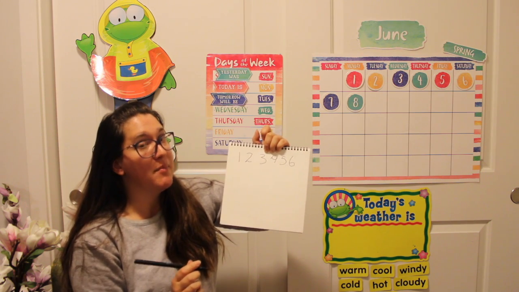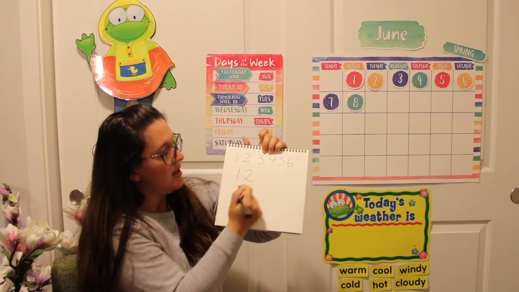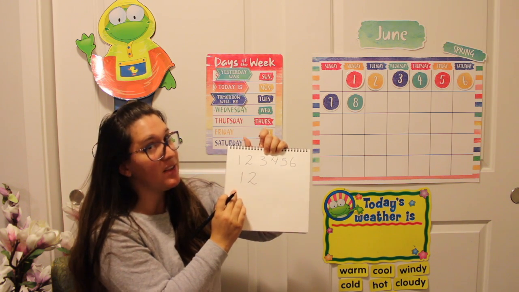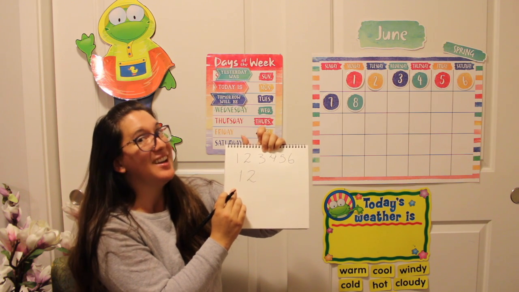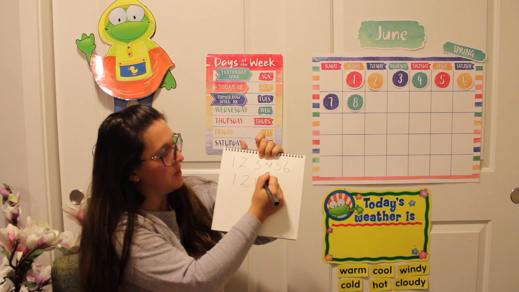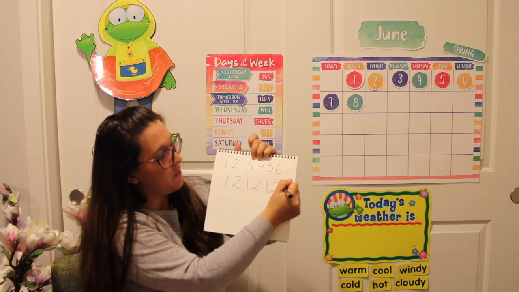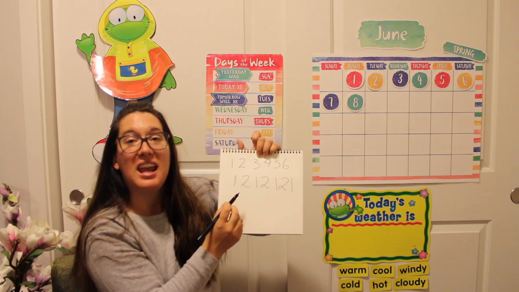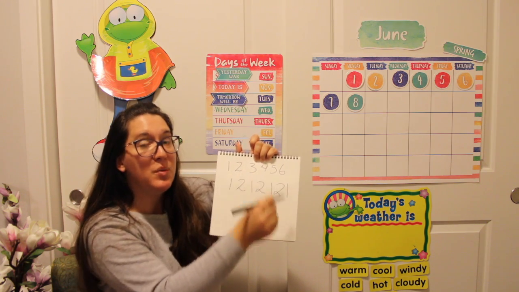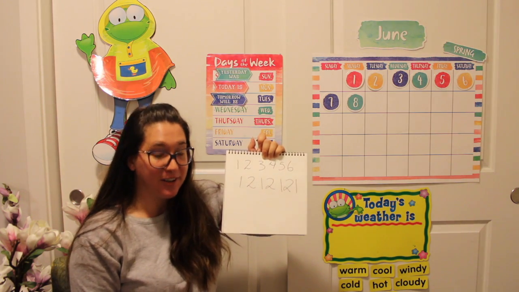Here's an example of a pattern. 1, 2, and if it's going to repeat itself, what do you think comes next? If you say the number 1, you're right. So it goes 1, 2, 1, 2, 1, 2, and it'll continue over and over and over again because it's a pattern.